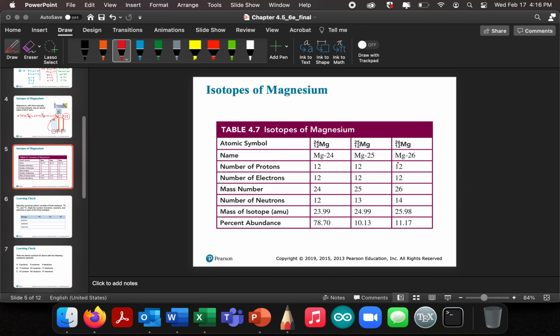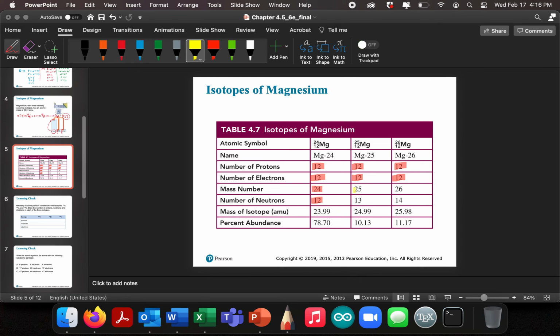All right, so the isotopes of magnesium, as you would know, the number of protons are 12 for all of them, right? Because they're all magnesium. Now, if they're atoms, then the number of electrons is also 12. But the mass number for magnesium 24 is 24, and so it has 12 neutrons.